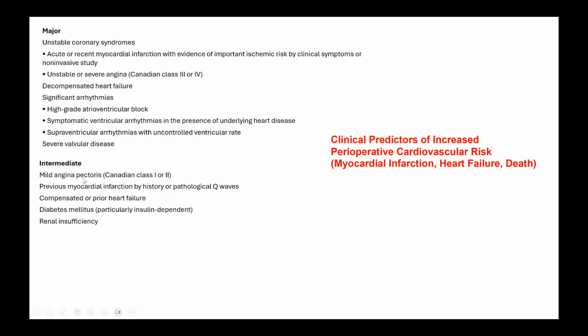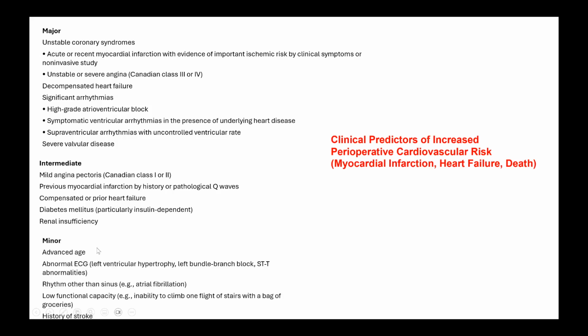The intermediate risk factors are mild angina, previous myocardial infarction, compensated or prior heart failure, diabetes mellitus, especially insulin dependent, and renal insufficiency, which are included in the revised cardiac risk index.